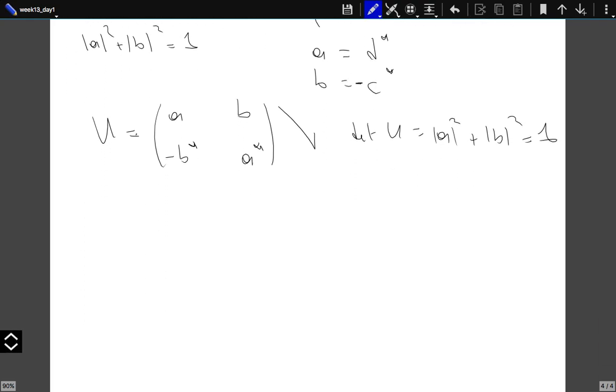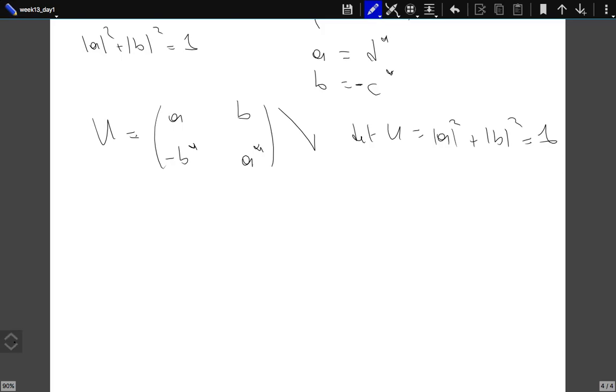Now you see we had already derived, for example, the 2x2 representation of my rotations. U was equal to the exponential of minus I sigma dot n, theta over 2.